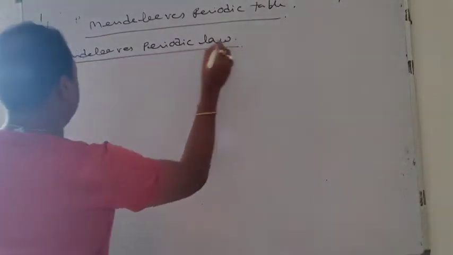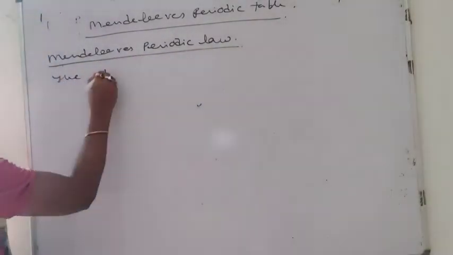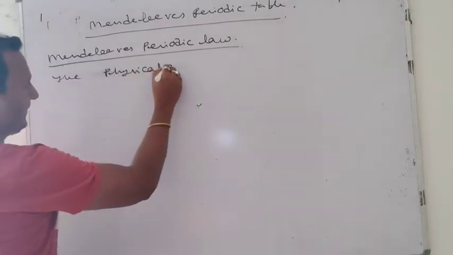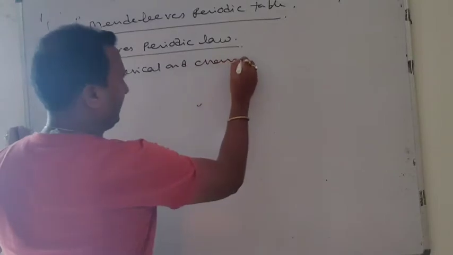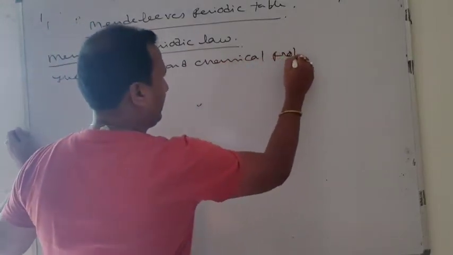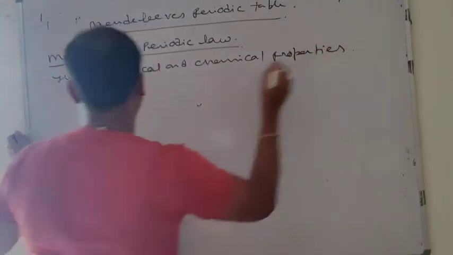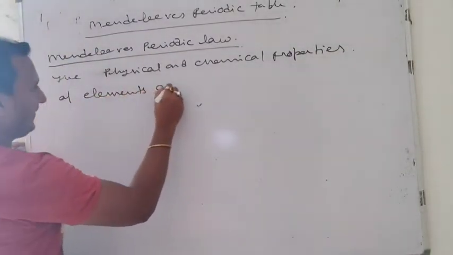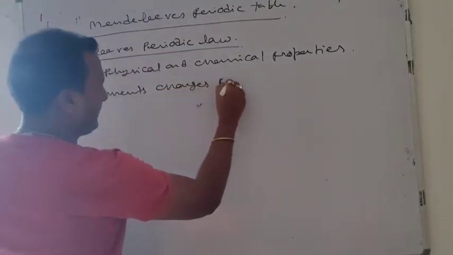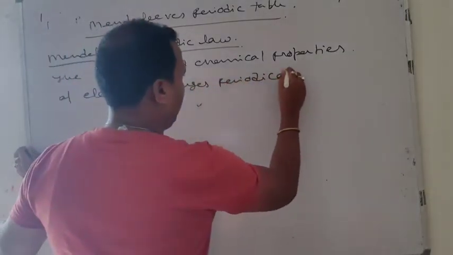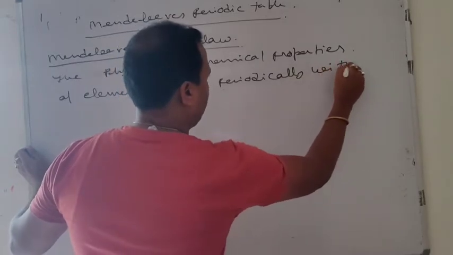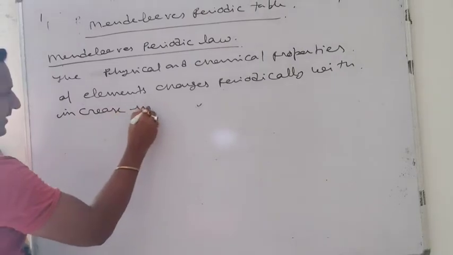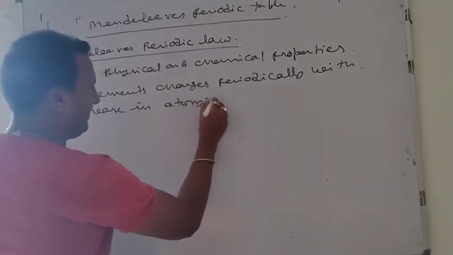Mendeleev's periodic law. The physical and chemical properties of elements change periodically with increase in atomic mass.